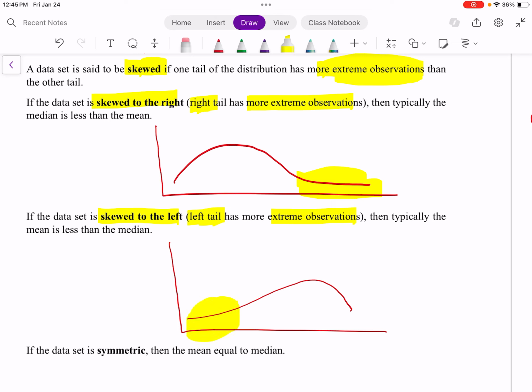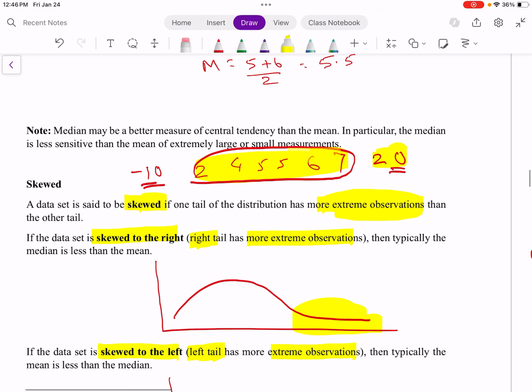So having extremely small or large measurements in a data set makes the data set skewed, okay? If we have extremely large, we call it skewed to the right. If we have extremely small measurements, we call it skewed to the left. Now, is it skewed to the right or, okay, now let's forget about -10.